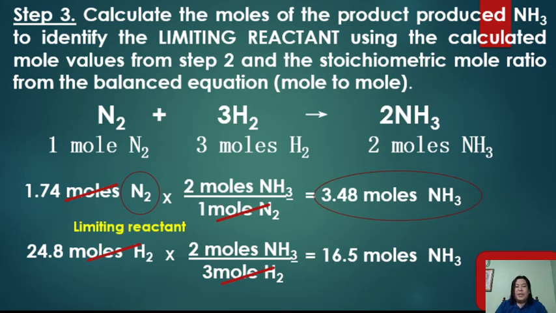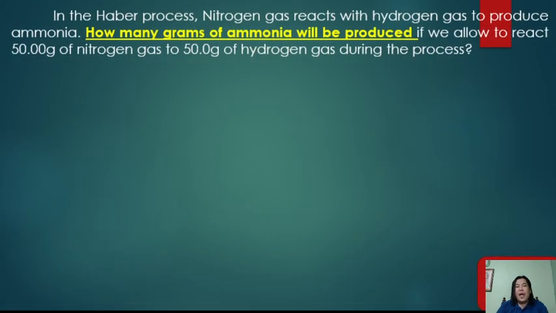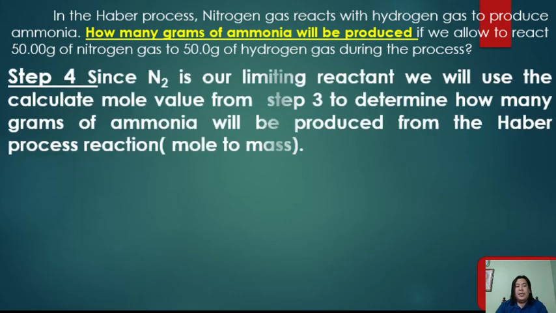And then the last step is to calculate how many grams of ammonia will be produced. In step 4, since nitrogen gas is our limiting reactant, we will use the calculated mole value from step 3 to determine how many grams of ammonia will actually be produced during the Haber process.